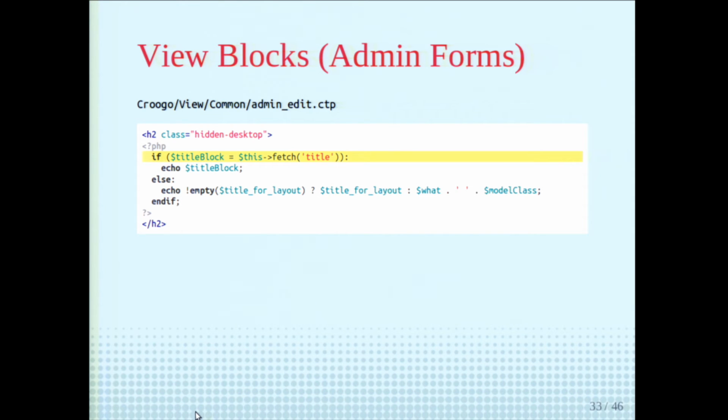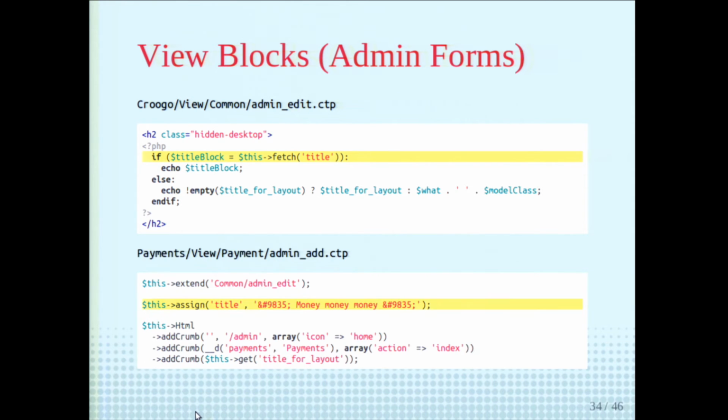If your view has a title, so here is, for instance, in a payment plugin, an admin add action. We say that it extends from the admin edit common view, and we just assign a title, and that's it. So it will go in the first condition, and otherwise Croogo tries to give you good default values.